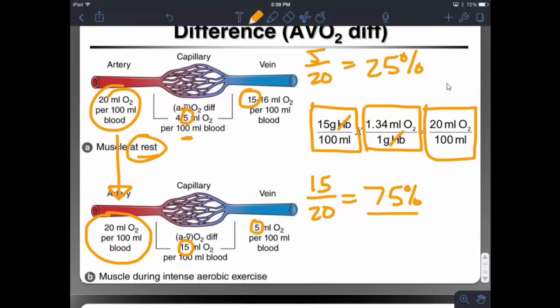AVO₂ difference goes up, and it goes up from something like 25% to something like 75%. But it's interesting that even with intense exercise, we're not taking all of the oxygen out of the blood. There's still oxygen in the veins, and there's still oxygen in the blood that ends up back in the lungs. Okay, it's not 100%.